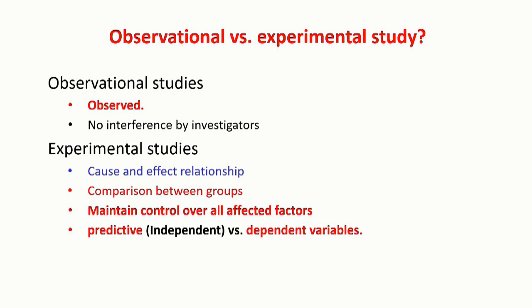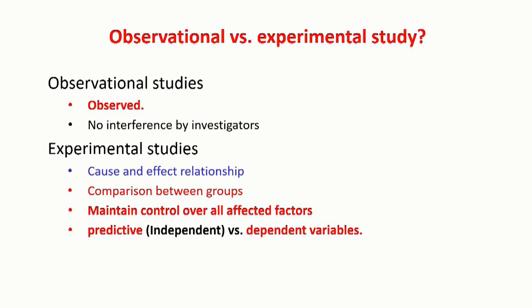The difference is, like I said, in observation you observe what happened to participants, animals, or a population, with no interference by the investigator or researchers. You just observe the way they behave, like the prevalence of obesity, diabetes, cardiovascular disease, or any kind of prevalence of something you are interested in.